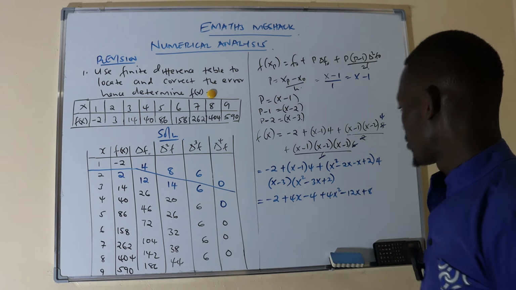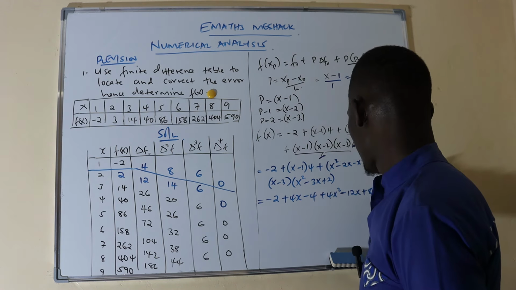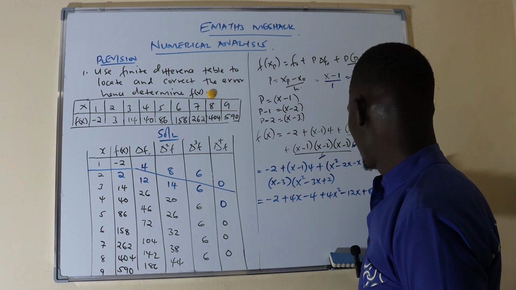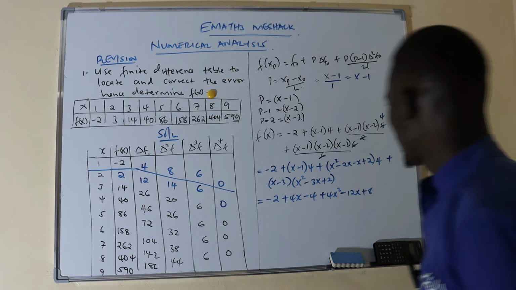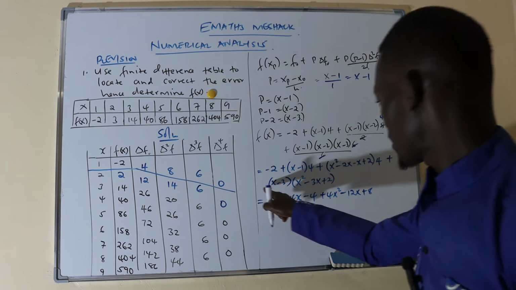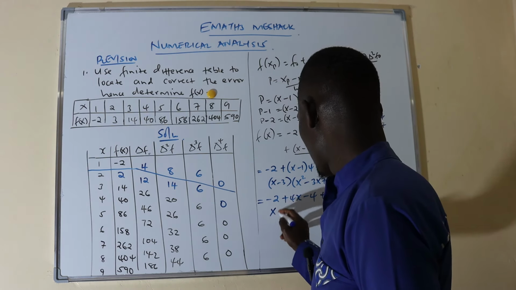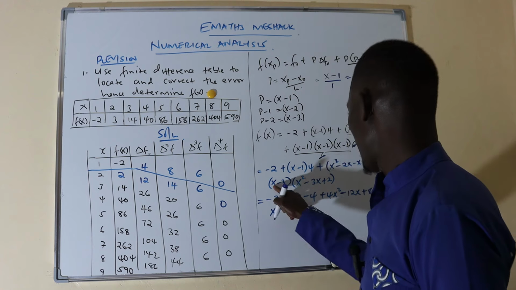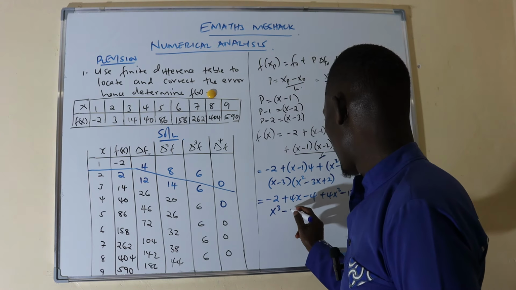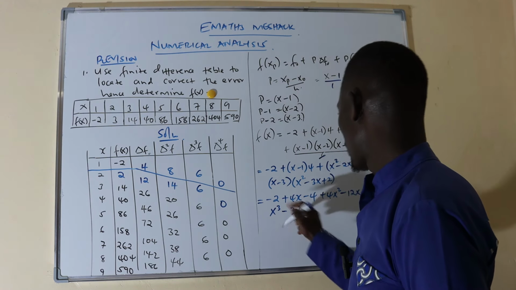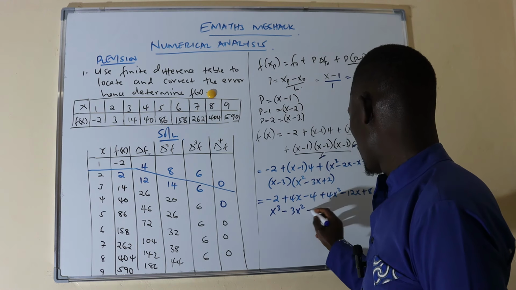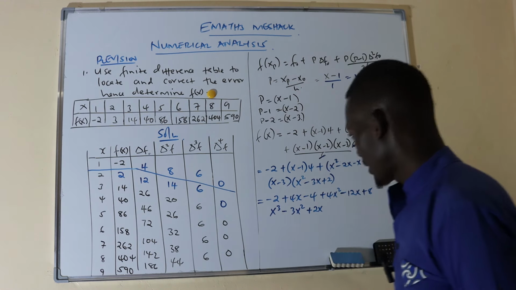Then you can expand this now, so we have an addition sign here. So we have plus. Now expand this, so we shall have x times x squared gives you x cubed. Then x times negative 3x gives you negative 3x squared. x times 2 gives you positive 2x.